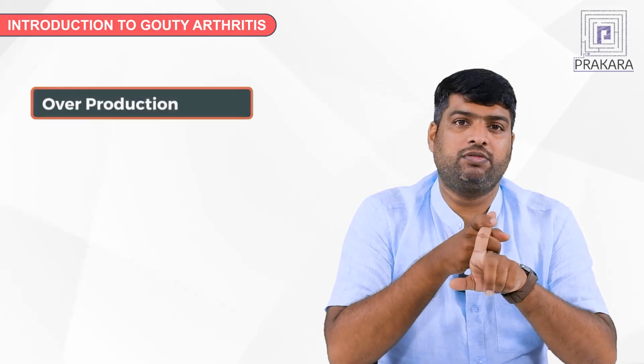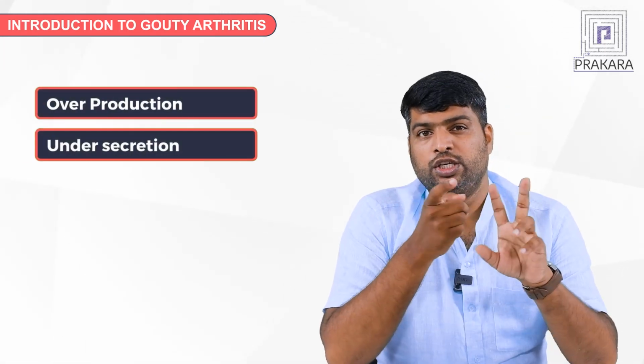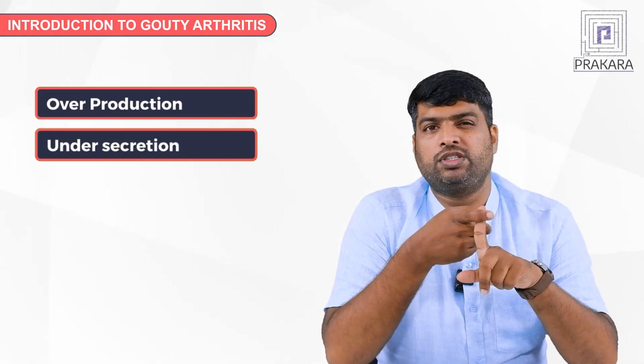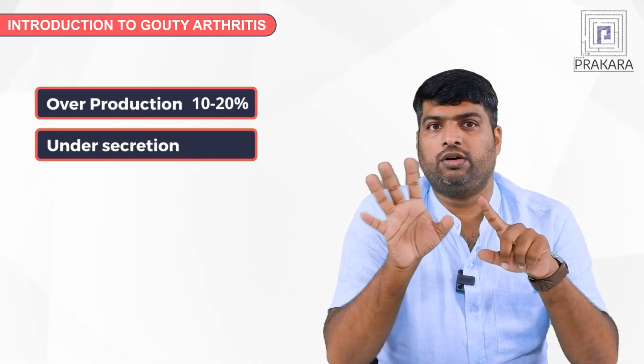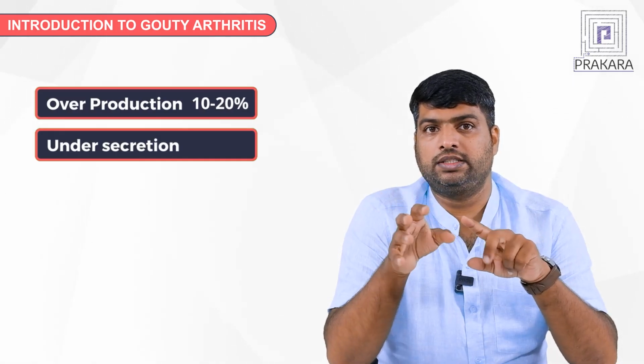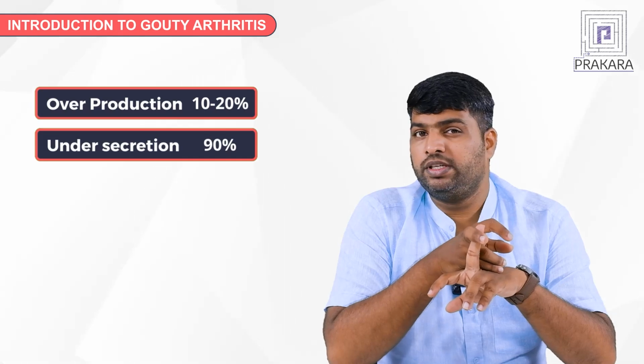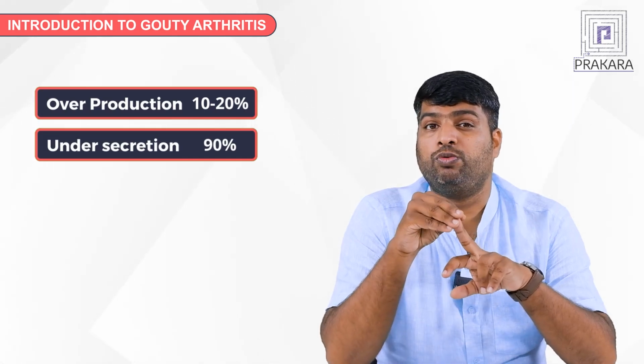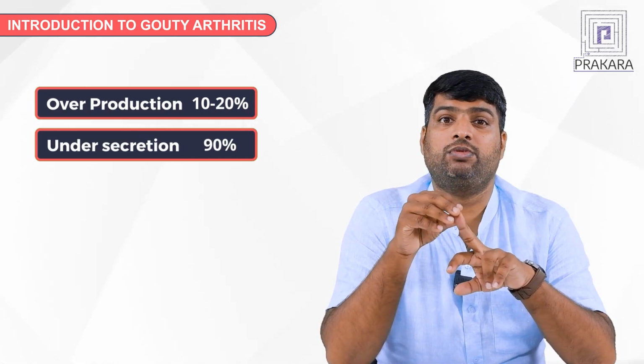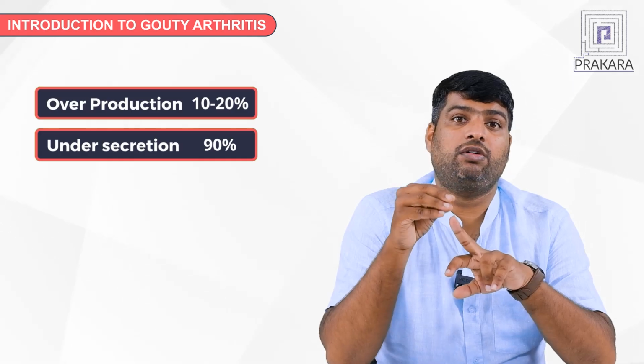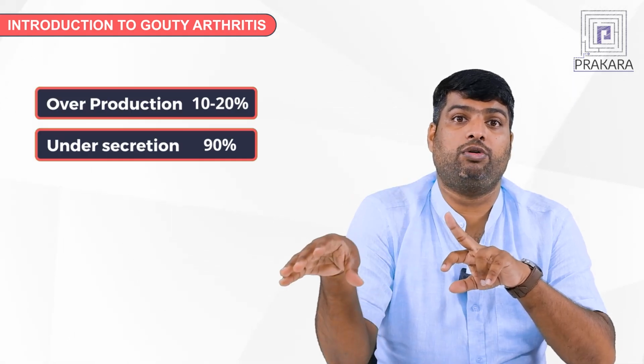So, as I said, gouty arthritis happens because of two things. One is overproduction, and the second is under secretion. Overproduction accounts for only around 10 to 20% of all cases of gouty arthritis. The remaining 90% of the cases are associated with under excretion of uric acid from our body.